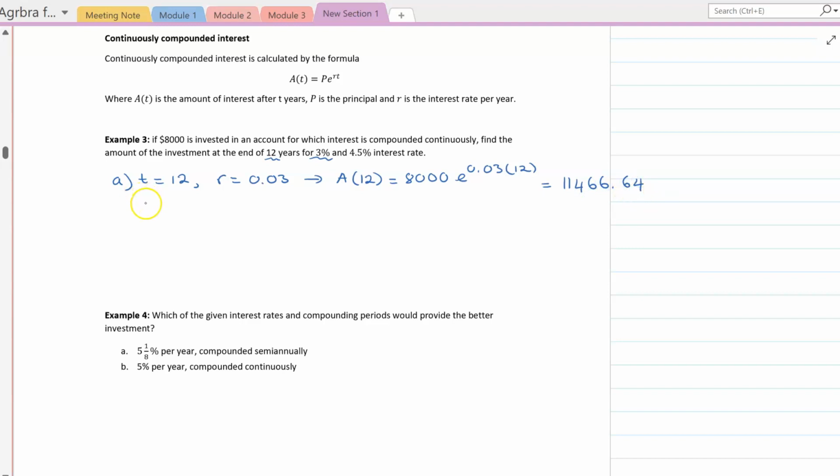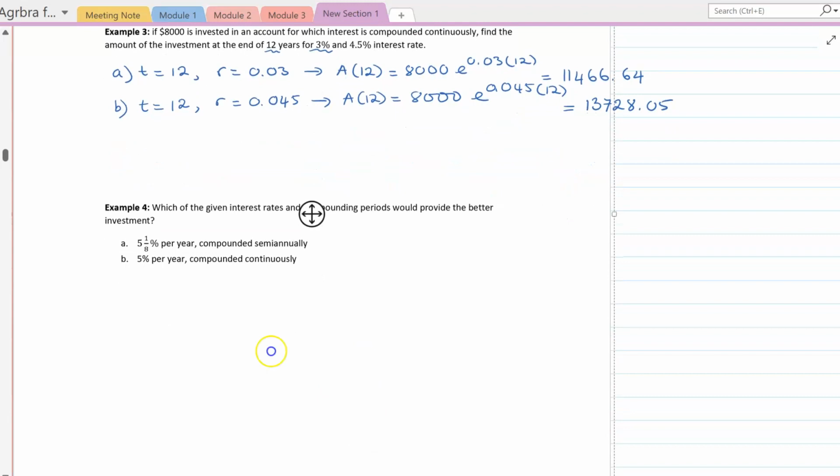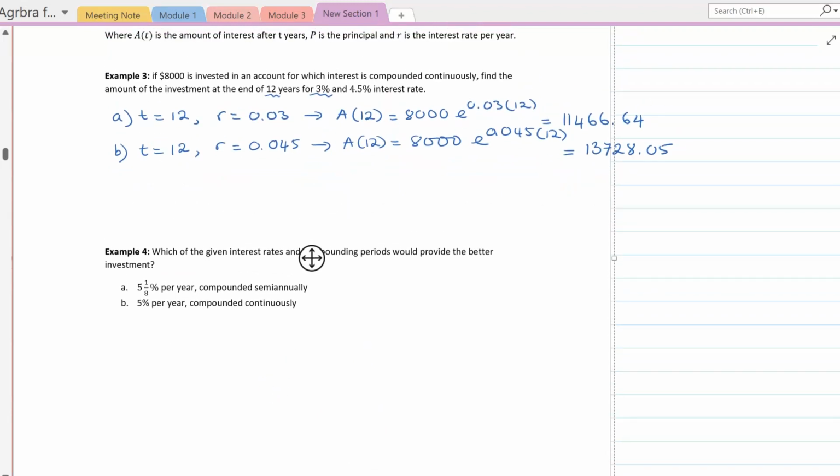Part B, for t equals 12 and r equals 0.045, A of 12 equals 8,000 times e to the 0.045 times 12, and that is 13,728 and 5 cents.